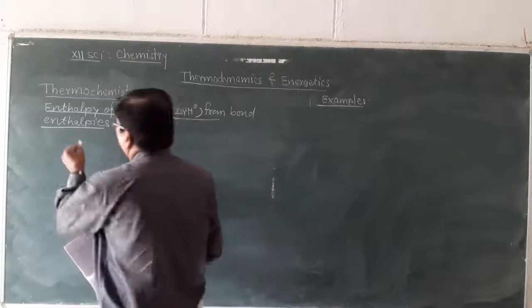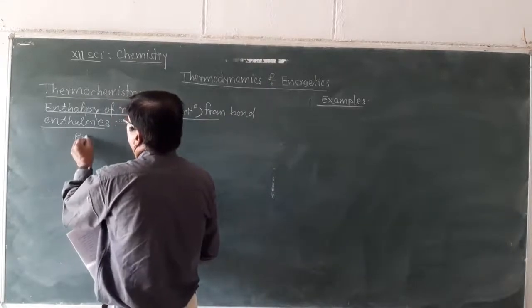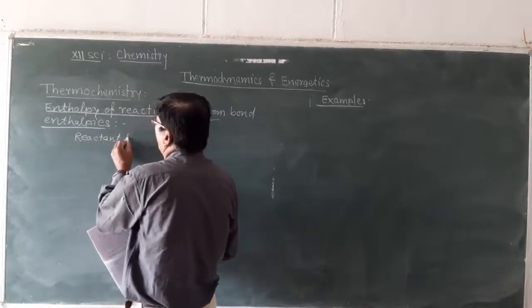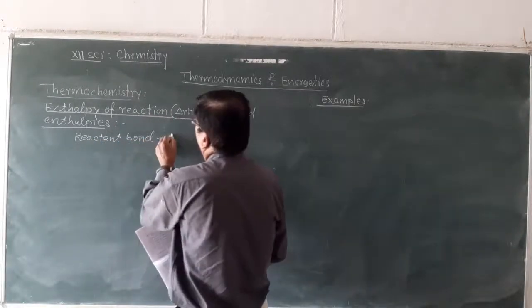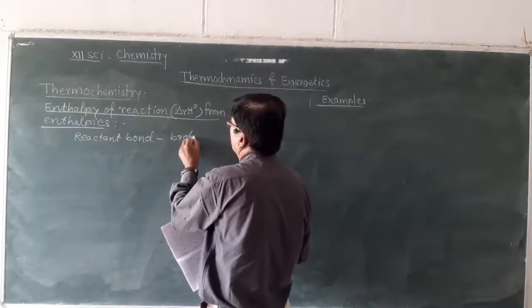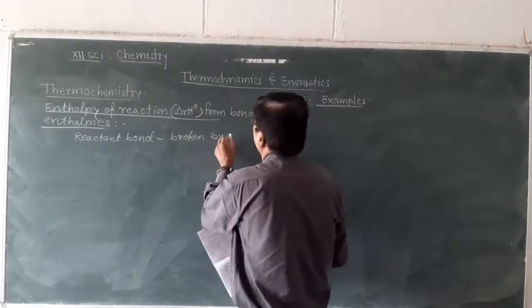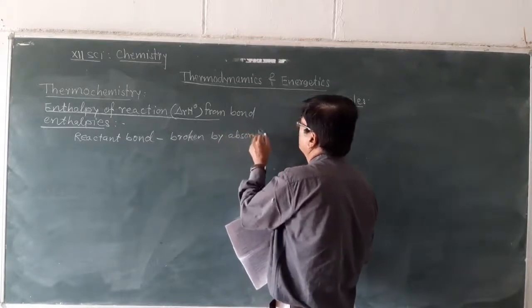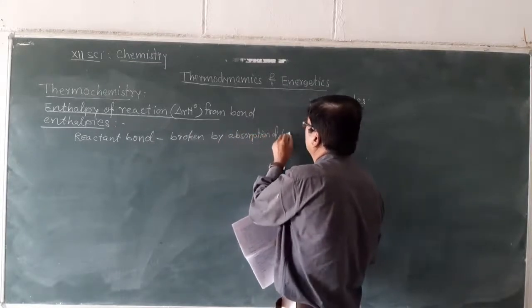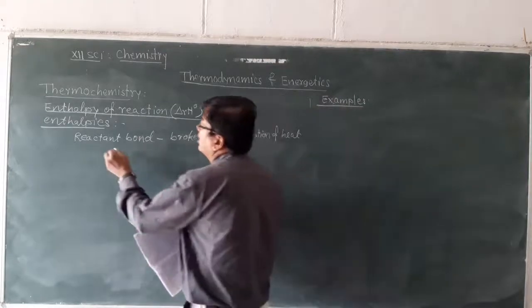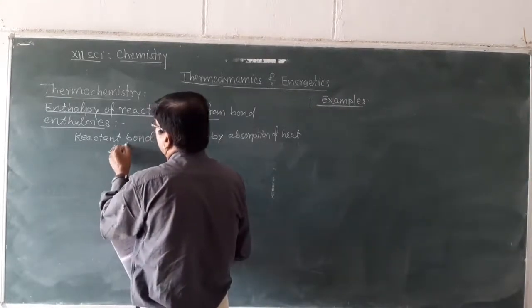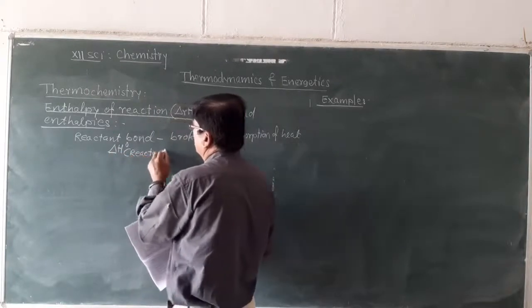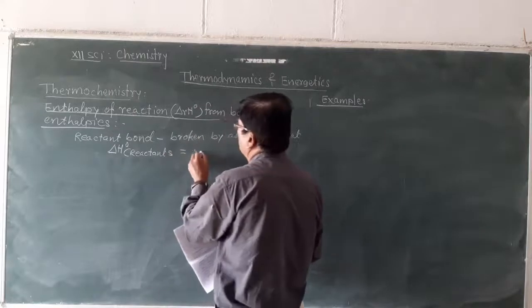Generally, in a chemical reaction, reactant bonds are broken by absorption of heat, and therefore enthalpies of reactants are always positive.